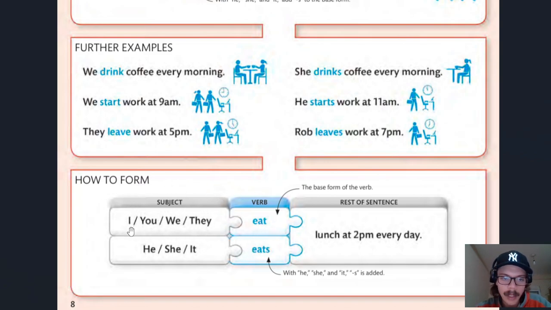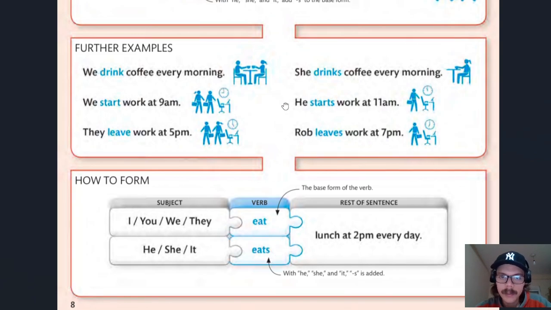Because, for example, I is first person, you is second person, we and they is third person, right? They is third person because you're referring to other people, and it's also plural. So, third person singular, he, she, it, is what you're going to be focusing on when you need to add the s.